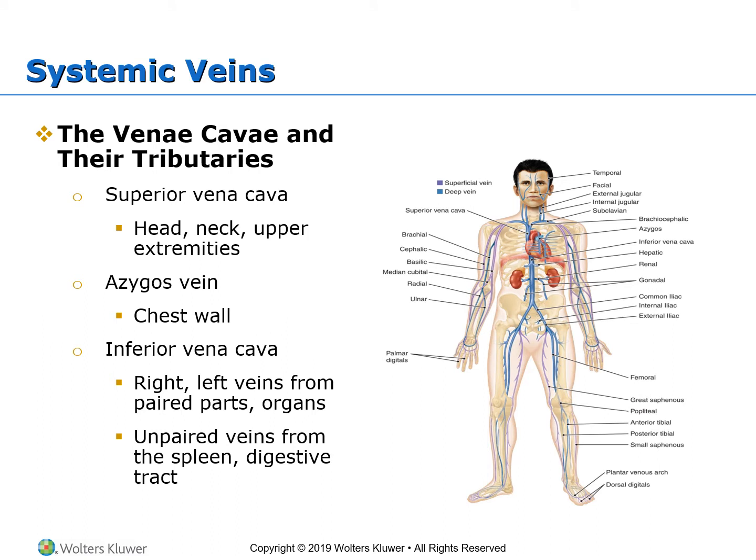We'll discuss now the two large veins that receive blood from the systemic vessels and that are bringing it back to the right side of the heart to be reoxygenated through the pulmonary circulation. The veins of the head, neck, upper extremities, and chest will all be drained through the superior vena cava.